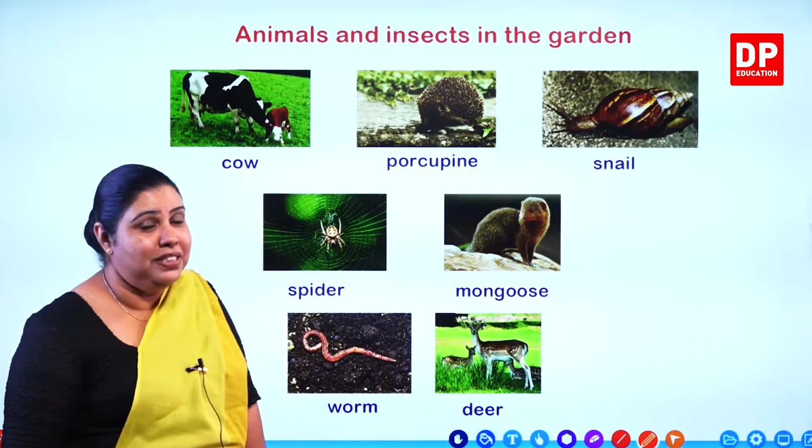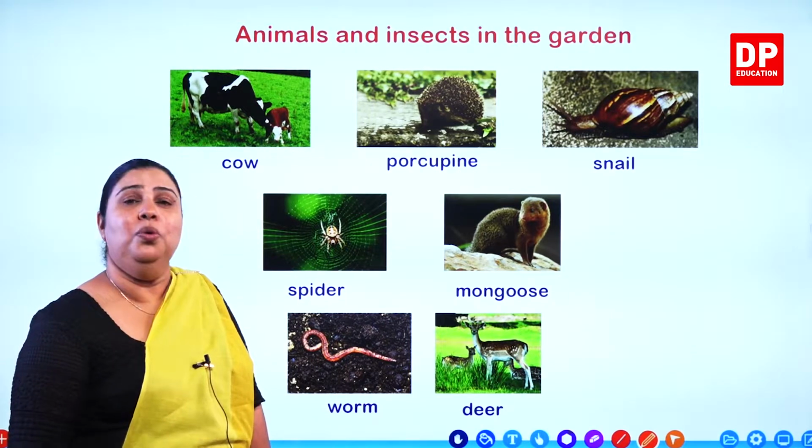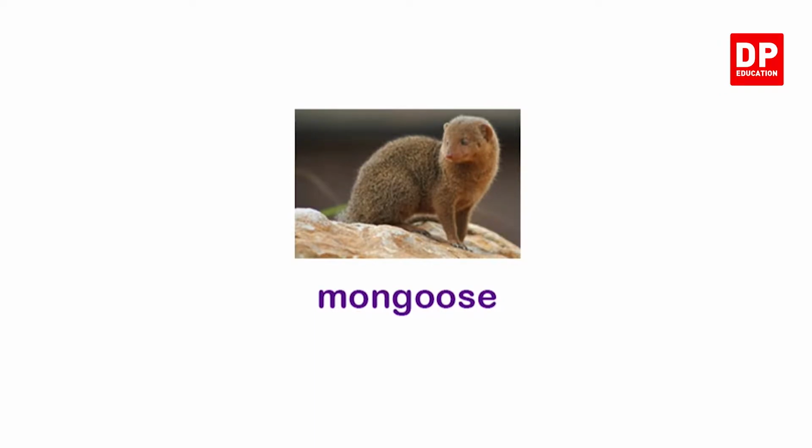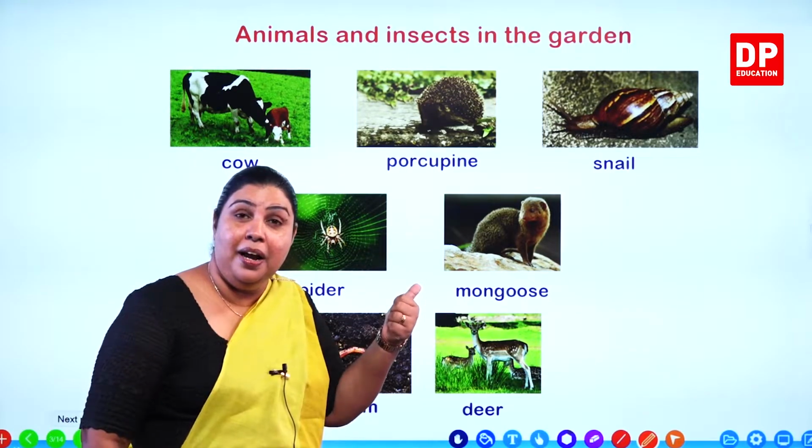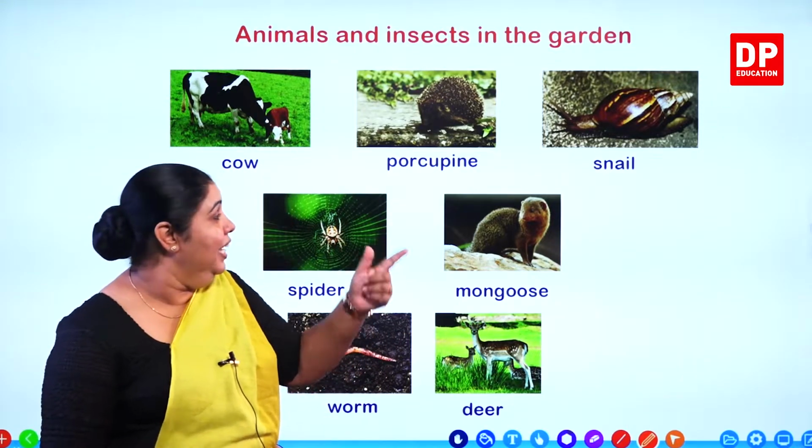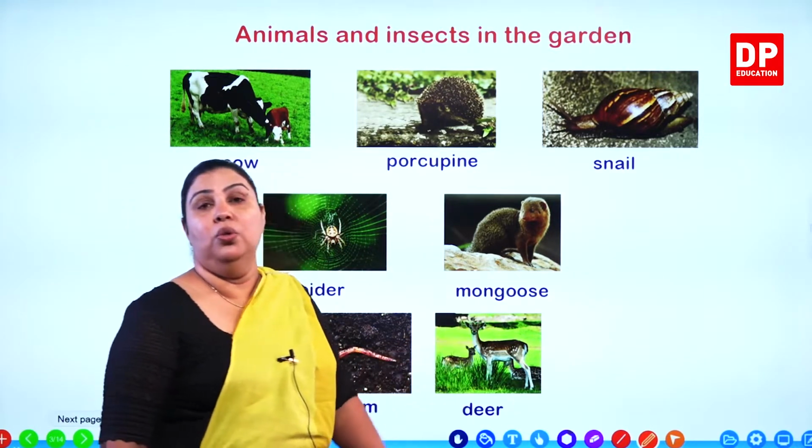Then who is this? I hope you have seen this animal. Who is that? Mongoose. Now another new word. We learnt iguana, then porcupine. Now we have mongoose.